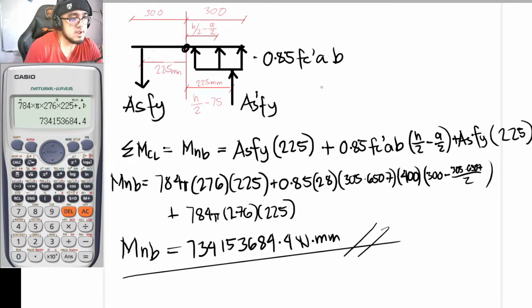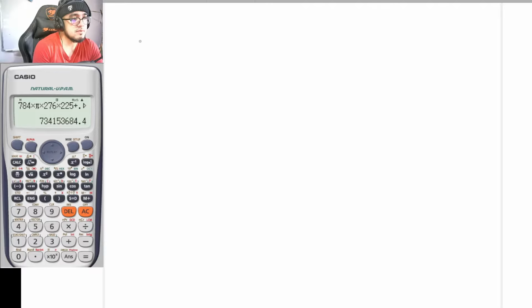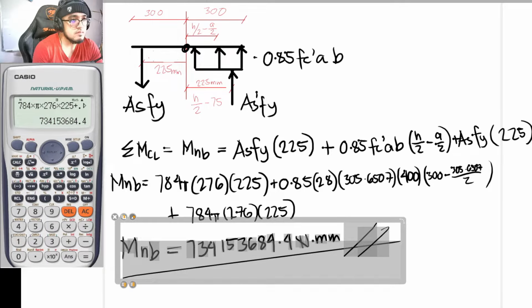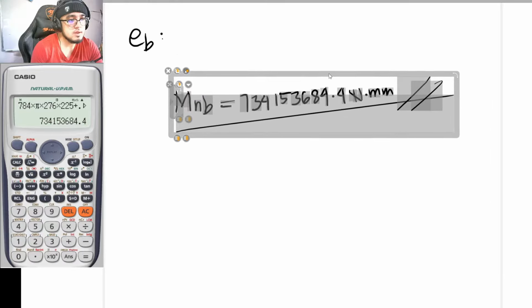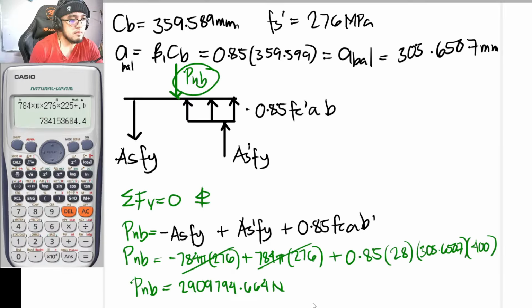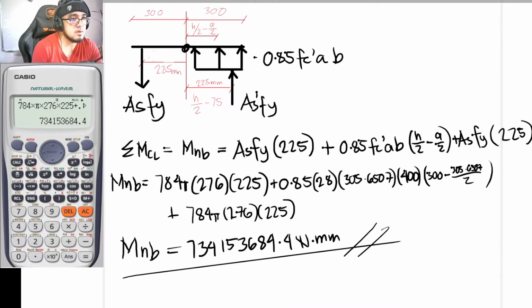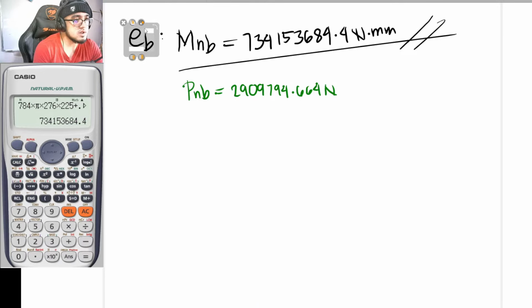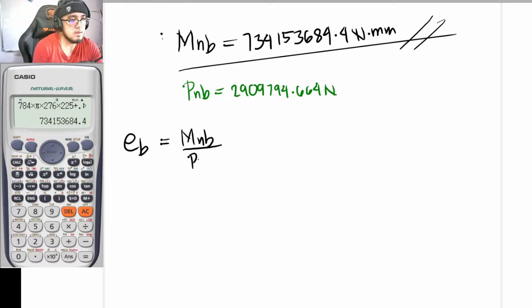So what's next? The next thing that we will be solving is the value for your e_b, or the balance eccentricity. So once again, our M_n, I would just be copying our answer, 734.15, and for our P_nb, that is to be 2909.794. So for us to know the value for our e_b, e_b is to be equal to M_nb divided by P_nb.